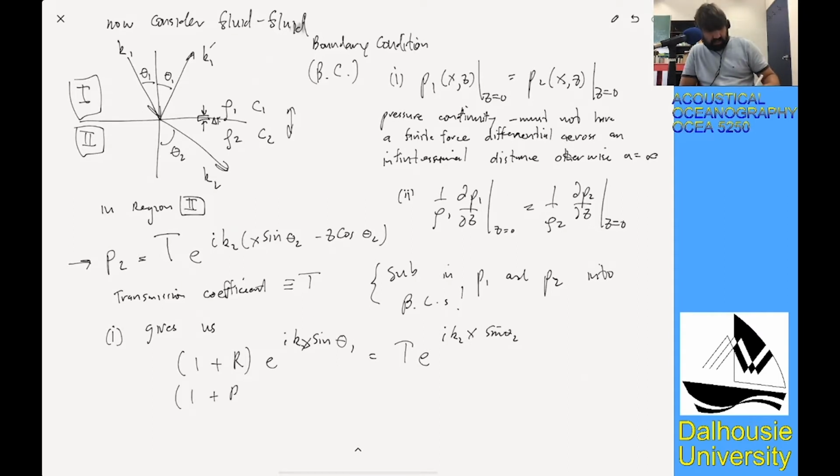Let's put all our exponentials on one side. And so now we have k2 sine theta 2 minus k1 sine theta 1. Whoops, put the 1 in there. Okay, and of course we've gotten rid of the kx altogether. It's canceled out on both sides.